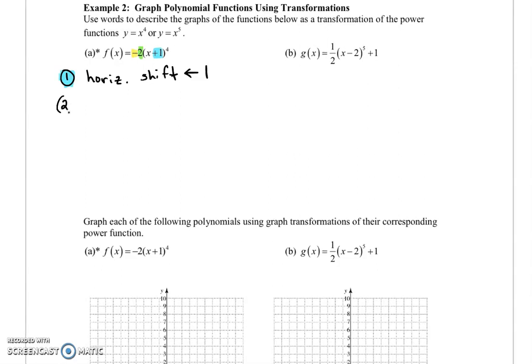The second thing we should do, following the order of operations, is work on the 2. So since that 2 is multiplied, but it's outside the parentheses, that is a vertical stretch by a factor of 2.